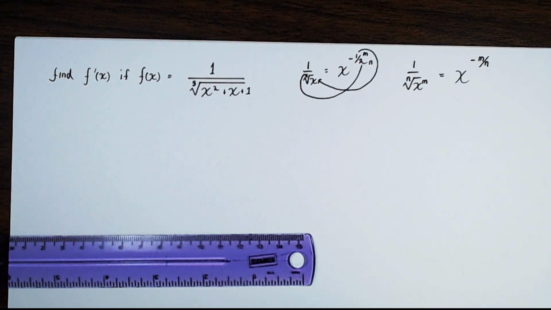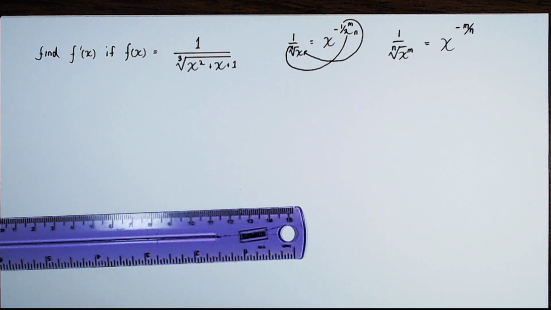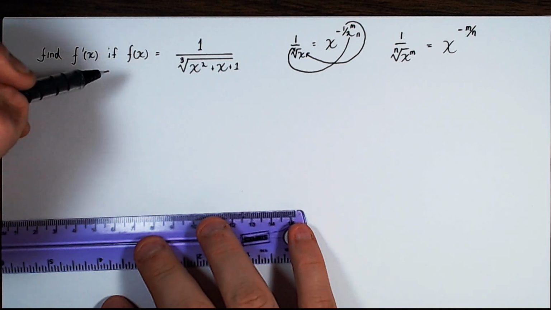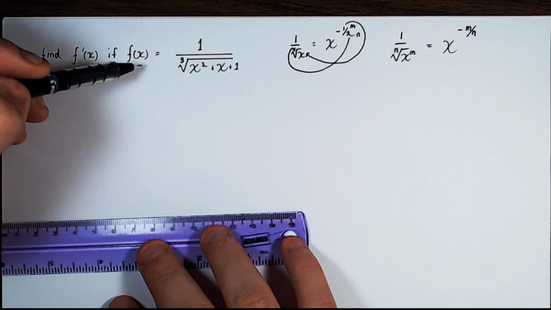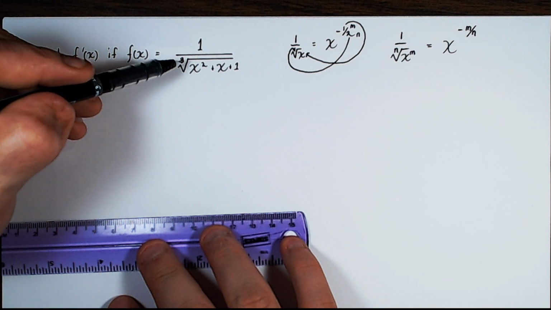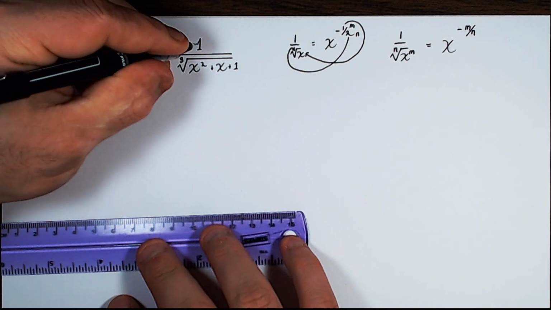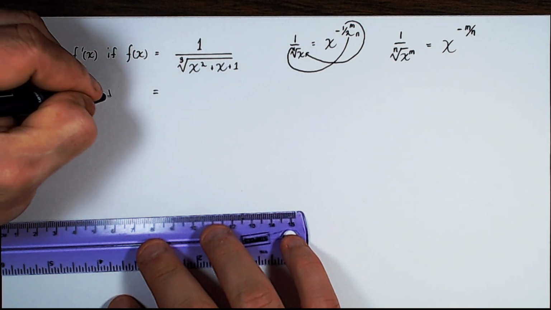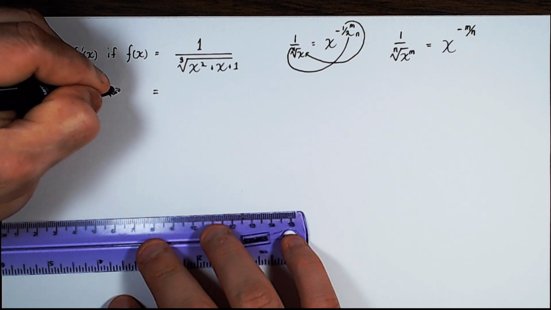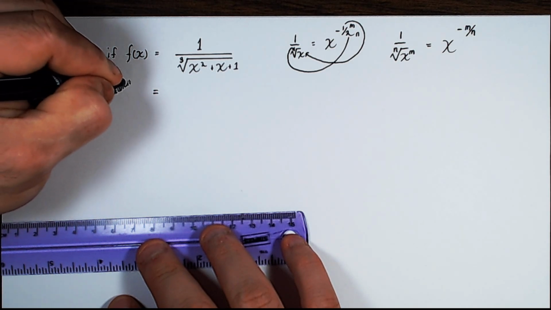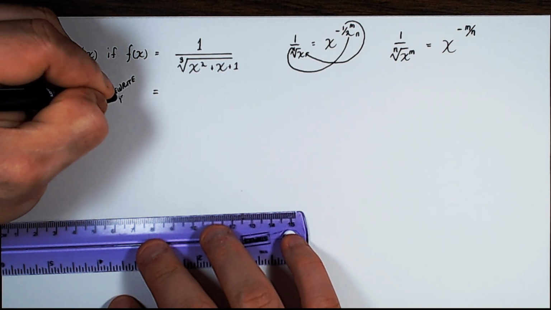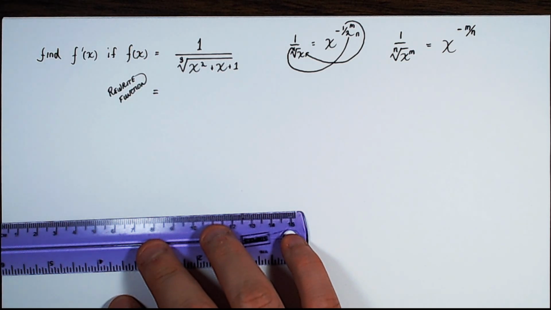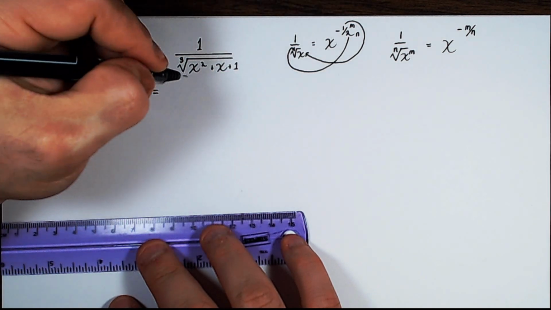And that little rule becomes important here, because it would be very helpful to rewrite our function without this 1 in the numerator. It would just make life a little bit easier. So the first step is to rewrite the function. So far we haven't done any calculus yet. This is just algebra.